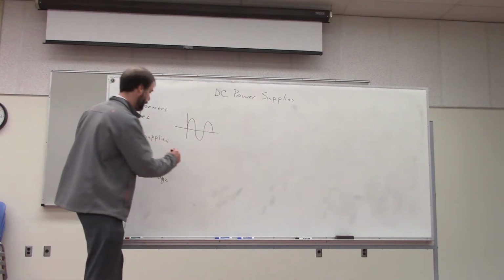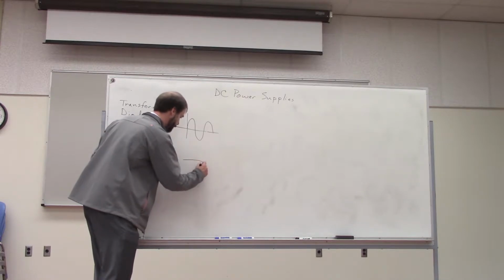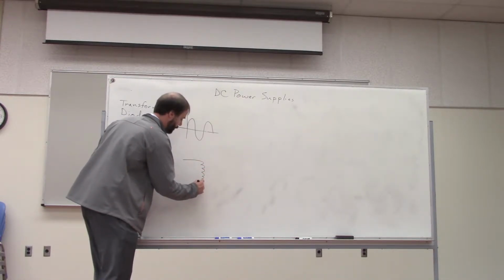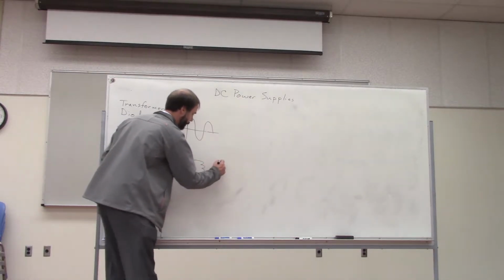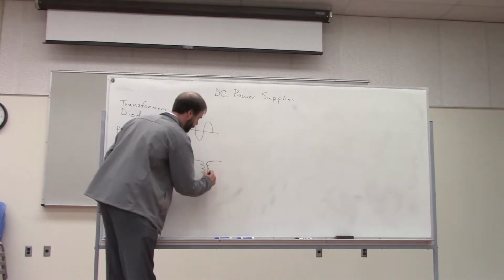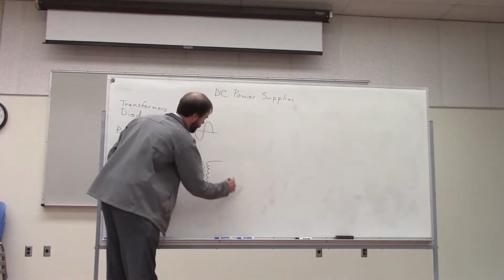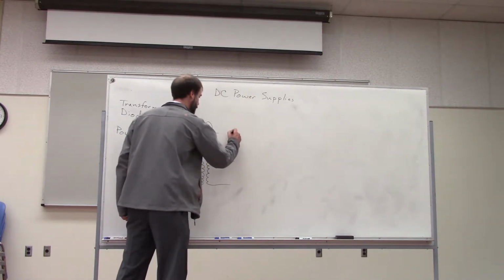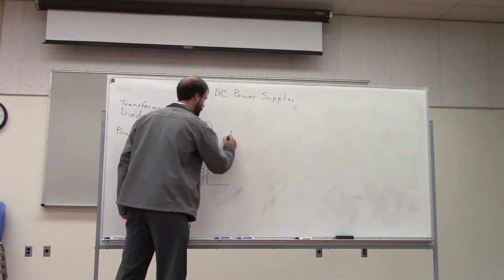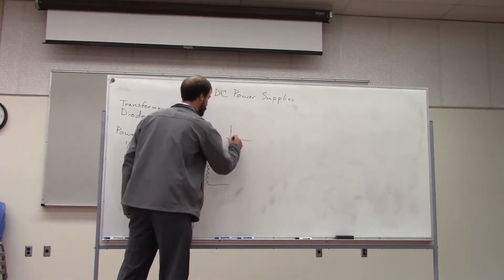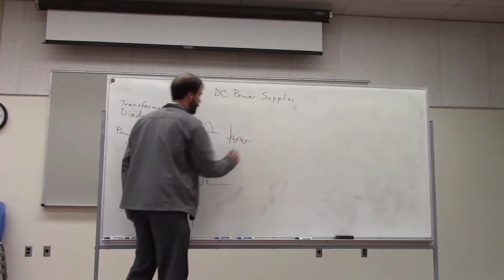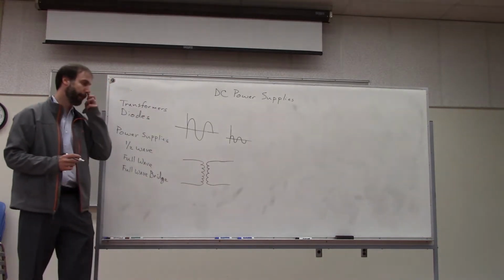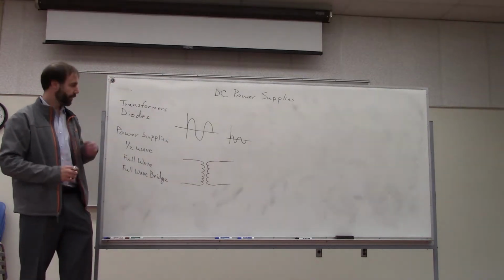Transformer, exactly. So that's the first part of almost all power supplies, is a transformer. So this takes a big AC signal coming in, and then it turns it into a smaller AC signal. So same frequency, same shape, but smaller voltage. Okay? So that's the first part.